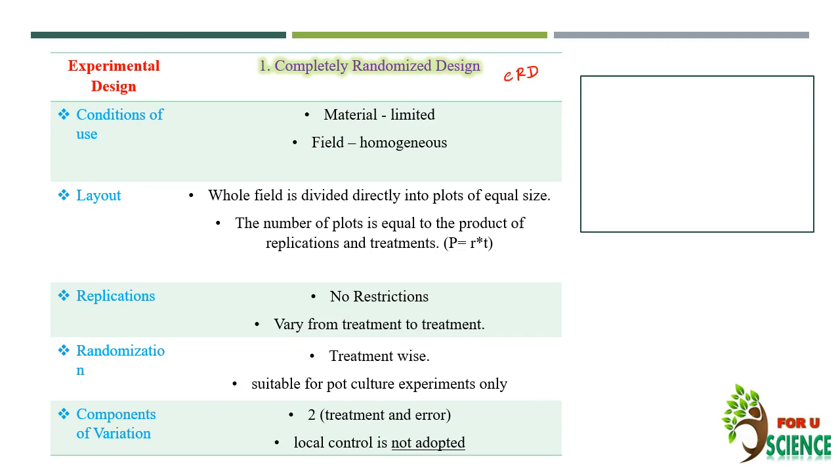What we do in the layout is divide our whole field directly into a number of small plots of equal size. The number of plots will be equal to the product of the replications and the treatments. In case of replication, there is no restriction, and the number of replications can differ from treatment to treatment.